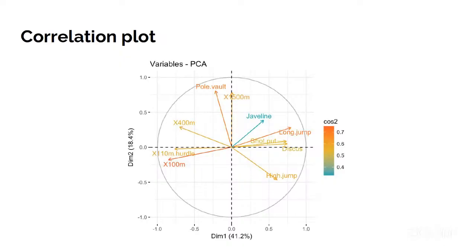It's not good. I'm losing a lot of information. If I just have dimension 2 alone, it's 18.4%, and that's not good enough. If I have dimension 1 and dimension 2 together after reducing the dimension, in total I have 59.6% or something.